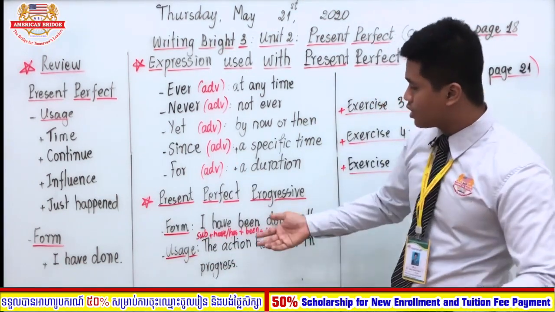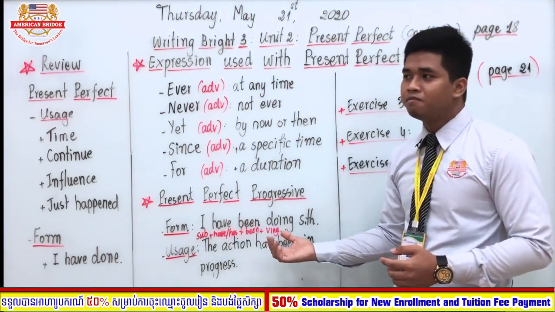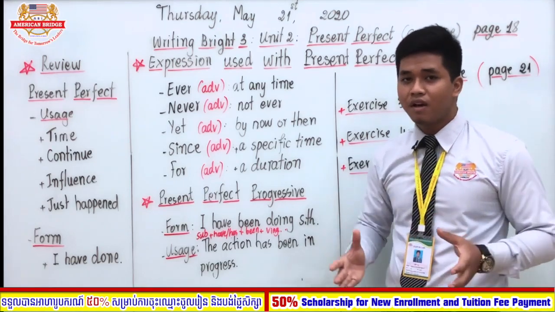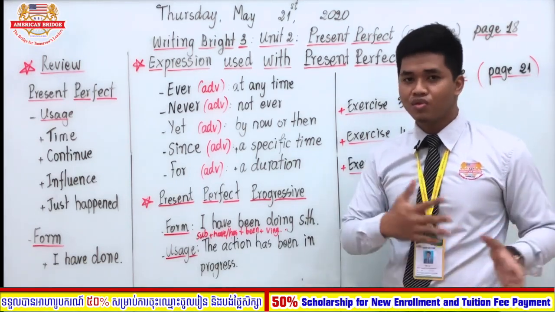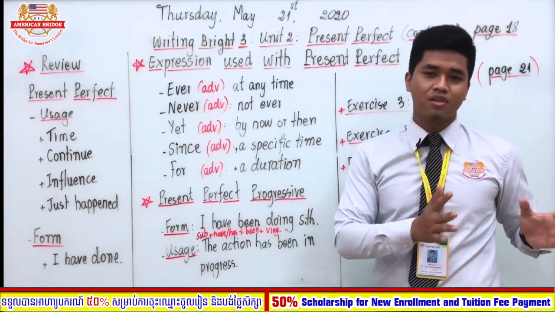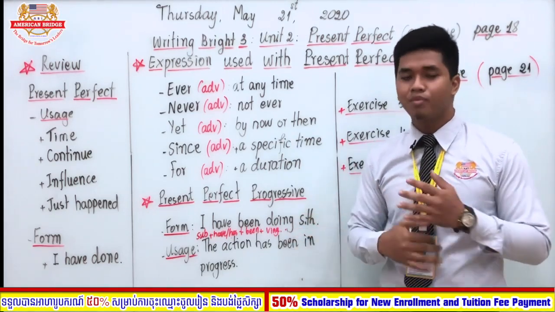Okay, how can you know when to use present perfect progressive? Sometimes present perfect and present perfect progressive have no difference at all. You can use them interchangeably. In some contexts, you can use present perfect simple and present perfect continuous without any problem.